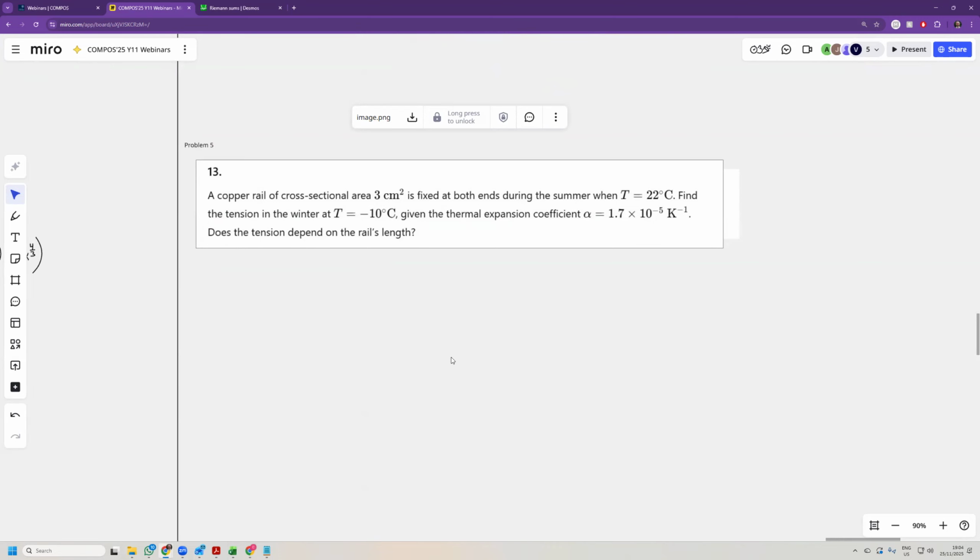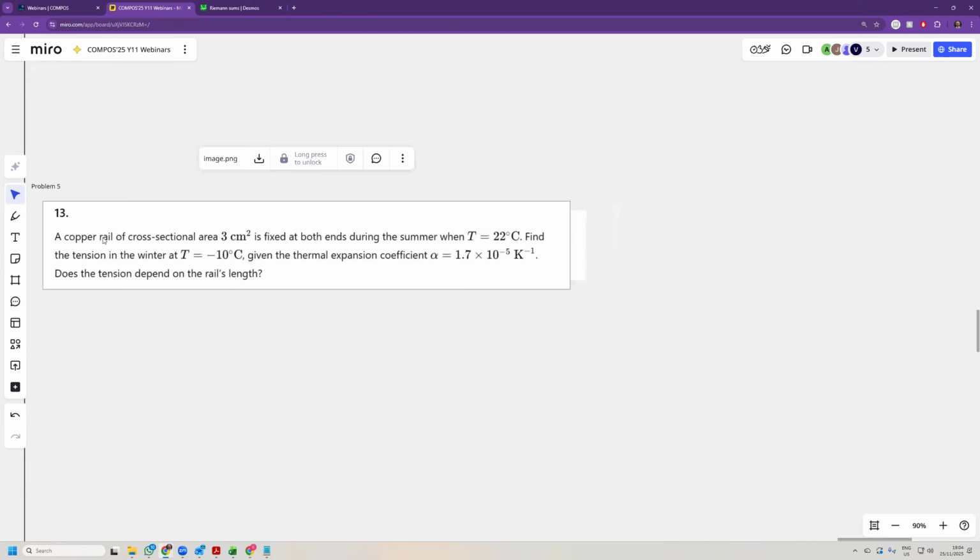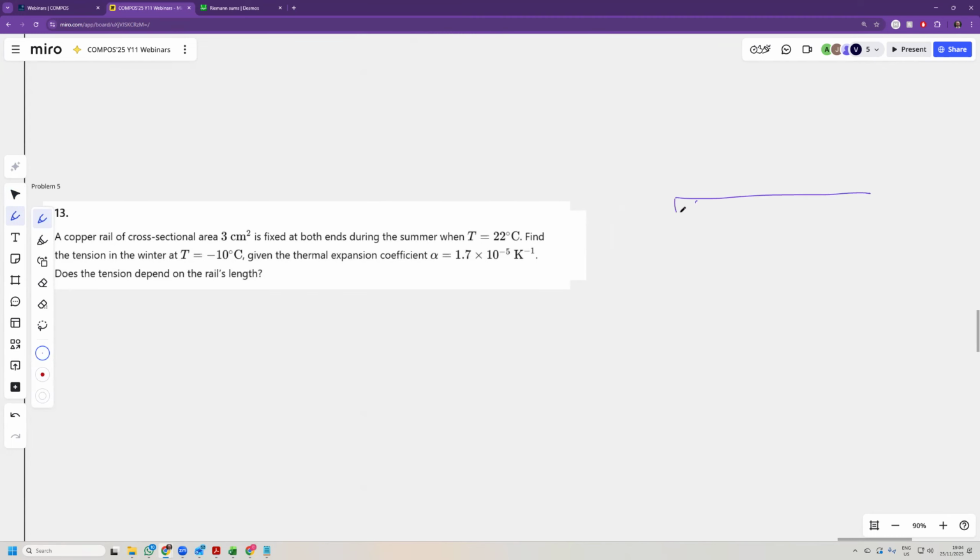Well, I don't know if you can imagine, if you take a piece of steel and you hammer it in, so you fix a piece of metal onto the ground in the summer when it's longer, right? Then when the winter comes, it will try to shrink. But because it's fixed in place, there will be tension inside.